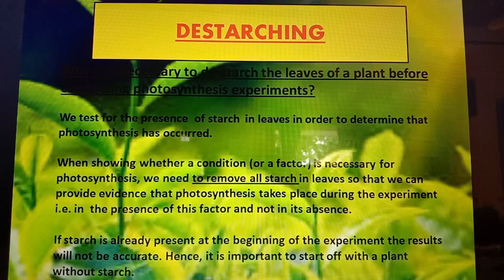If starch is already present at the beginning of the experiment, the result will not be accurate. Hence, it is important to start off with a plant without starch. Now we can start the experiments.